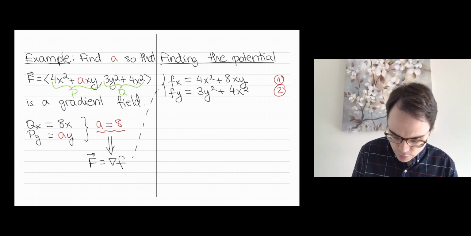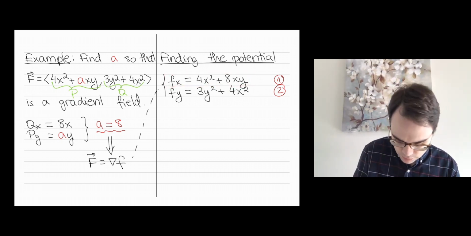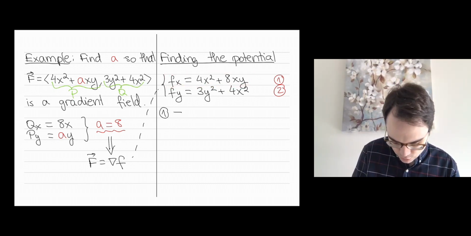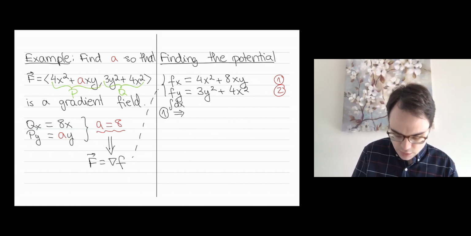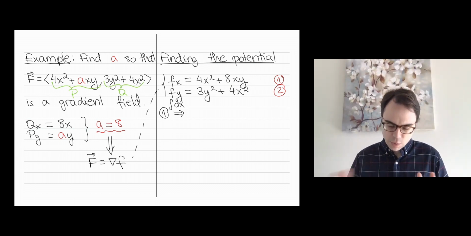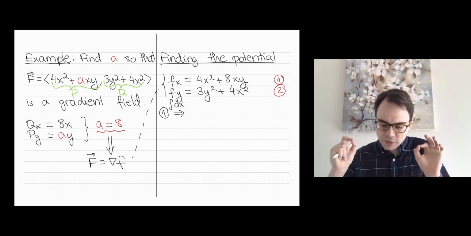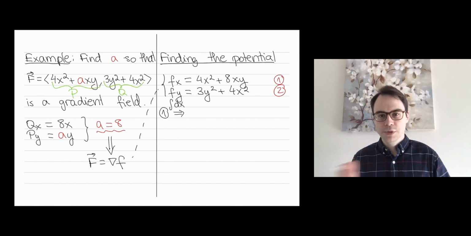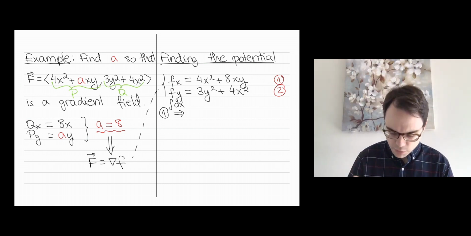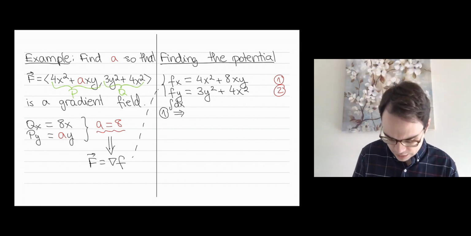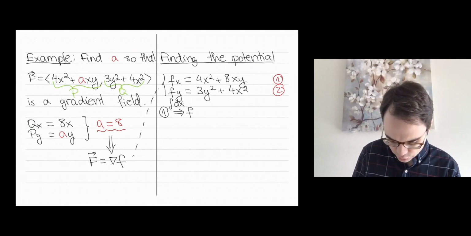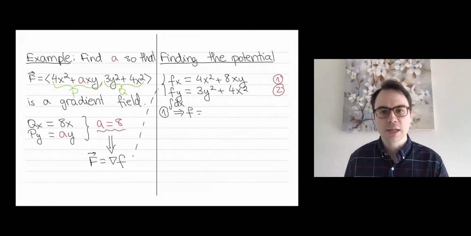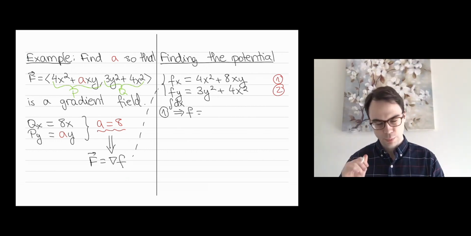I'm going to integrate the first equation. I'm going to fix a y coordinate. So for each fixed value of the y coordinate, I'm going to integrate both sides with respect to x. This is going to tell me that the function f is the integral of the right hand side with respect to x.